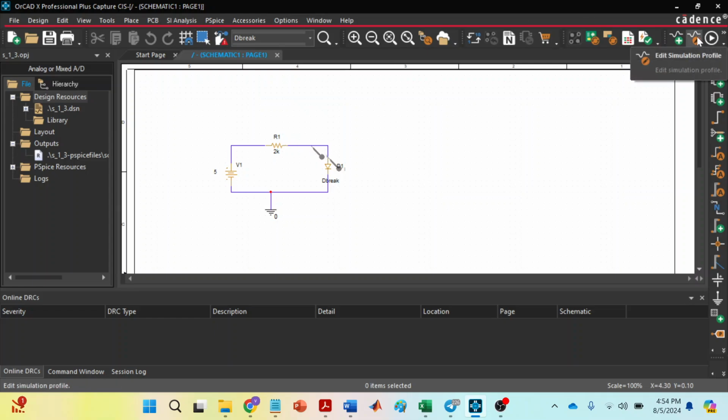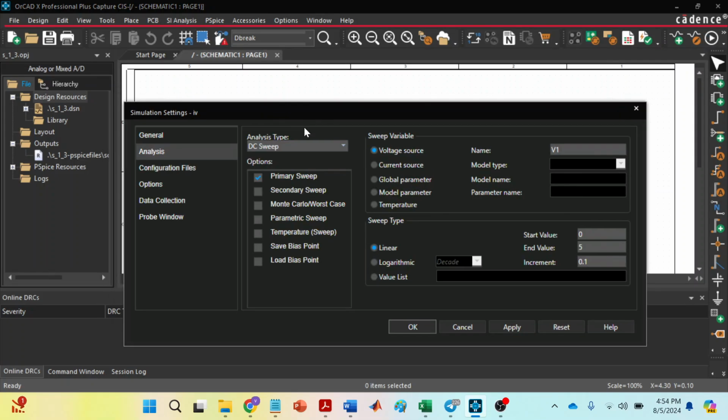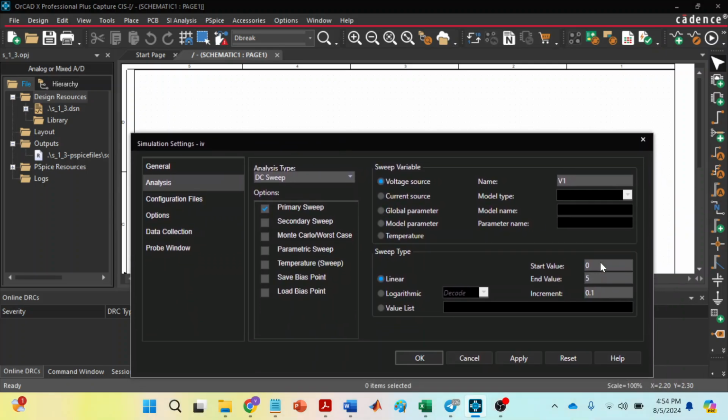For the simulation profile, we are going to sweep the power supply voltage. It is going to be swept from 0 to 5 volts in steps of 0.1 volts. So it is this V1 that is going to be swept.